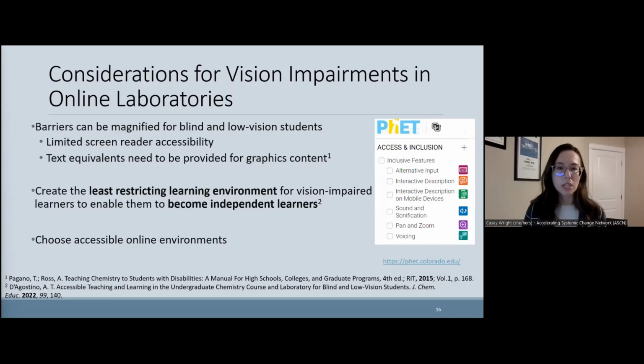And so some considerations for vision impairments in online laboratories. The online laboratory environment can be rather limiting for students with vision impairments, as those environments are often not screen reader accessible. And we need to provide text equivalents for graphics and contents that our students are supposed to be observing.